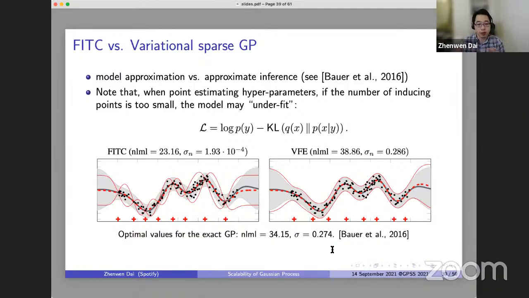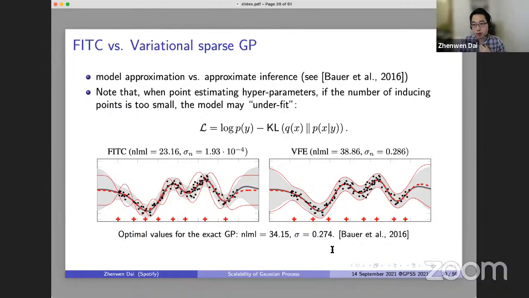The major difference between them is that the FITC approximation changes the model, while the variational sparse Gaussian process keeps the model the same, but defines it as variational inference. That results in the phenomenon that variational inference will not overfit by optimizing the locations, but with FITC approximations, the optimized inducing locations may not necessarily lead to the optimal posterior.